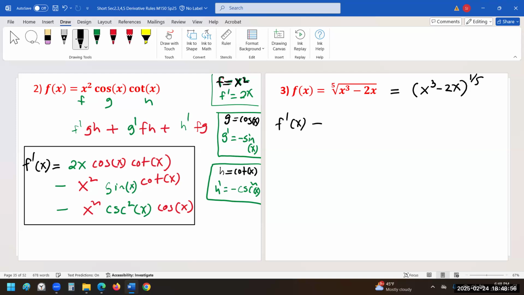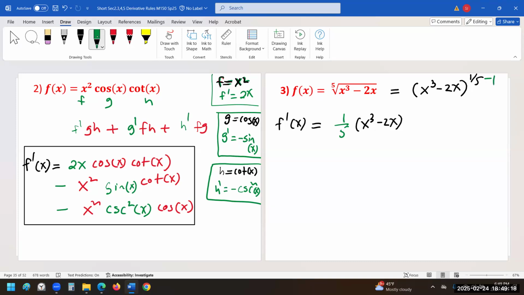So f prime of x. The chain rule says, first work with your power, apply the power rule. When you apply the power rule, don't change the inside. So leave your inside the same, just work with your power. Work with the power means bring the power down and then power minus 1.